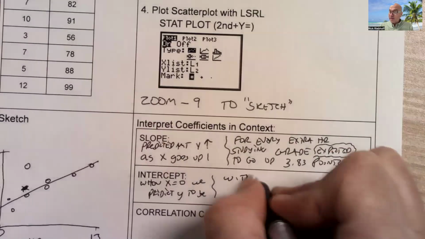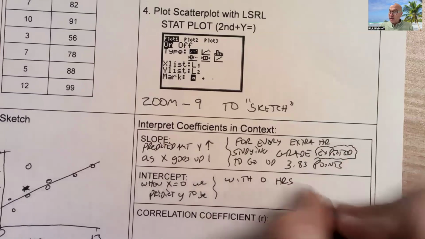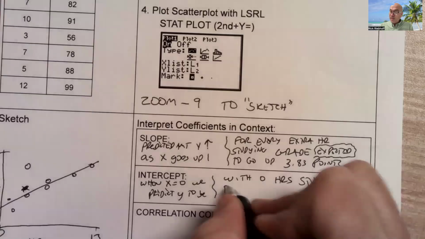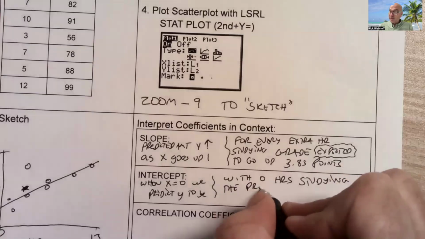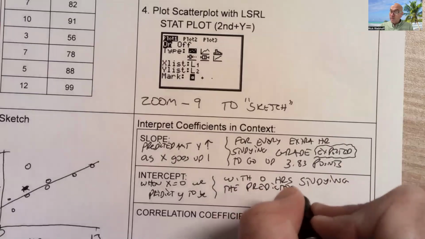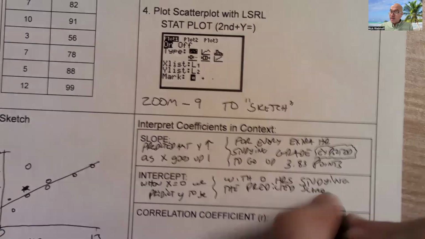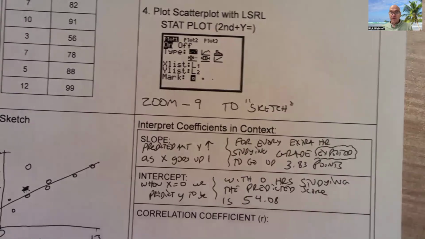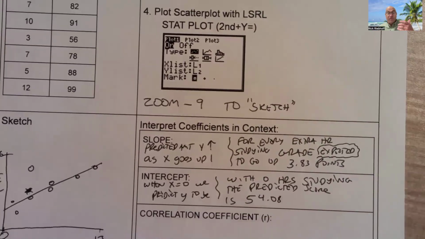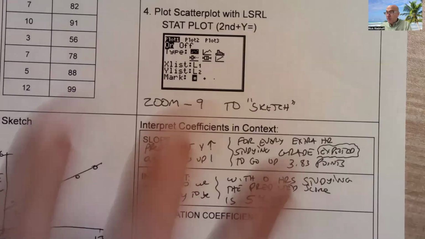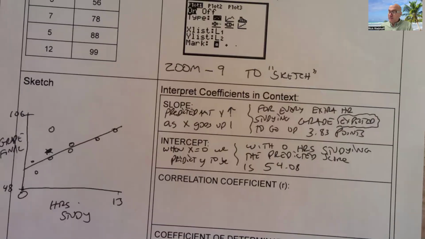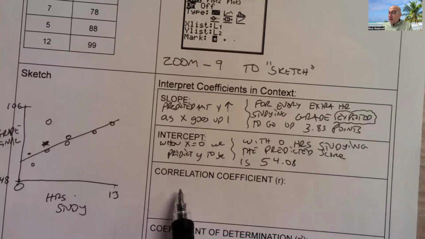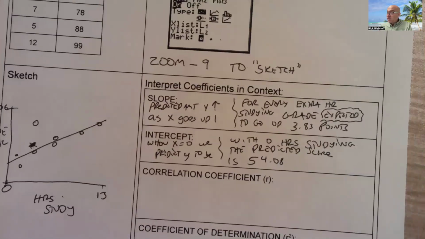So with 0 hours studying, the predicted score is 54.08. So if you didn't study at all, you would predict your score to be 54 based on this. Again, it's just predicted. Some people could study 0 hours and get 100. Who knows.